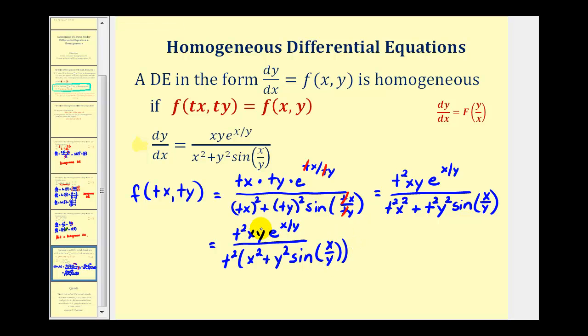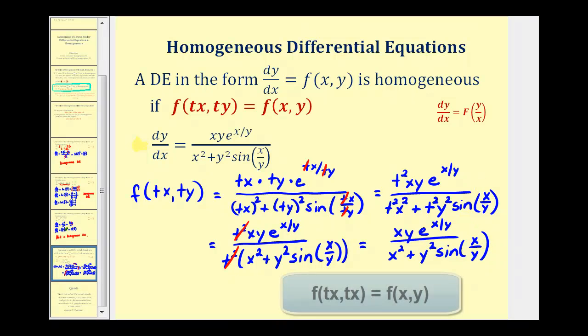And now notice the numerator and denominator both contain two factors of t, or t squared, and t squared over t squared simplifies to 1. So now we have xy e to the power of x divided by y all over x squared plus y squared sine of x divided by y.